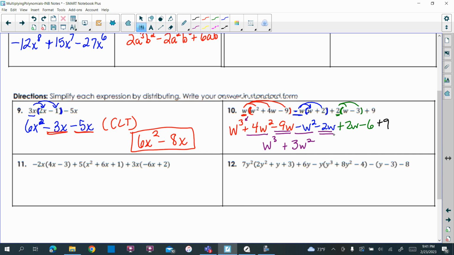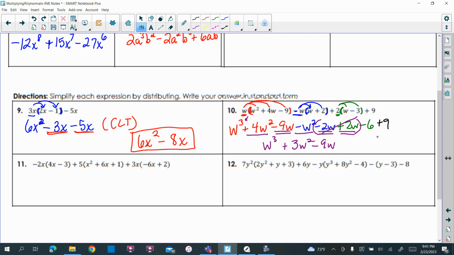That's going to leave me with a negative 11w, then plus 2w. Or you can look at these two together right here. If I were to look at just these two right here, that cancels out, becomes 0, leaving me with just that minus 9w. And then the last thing is our constants.